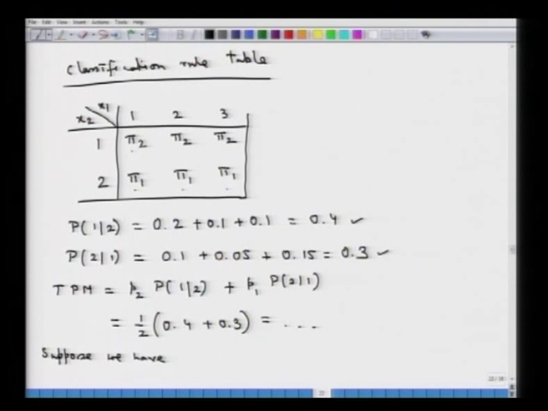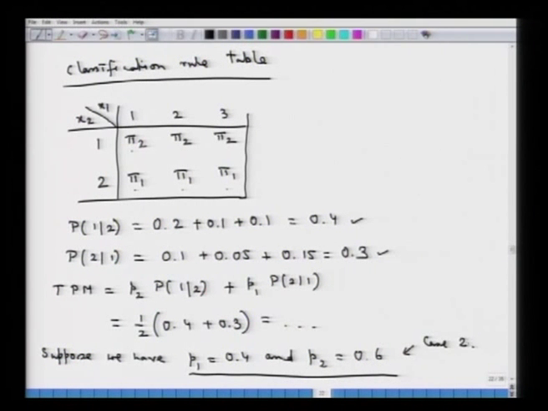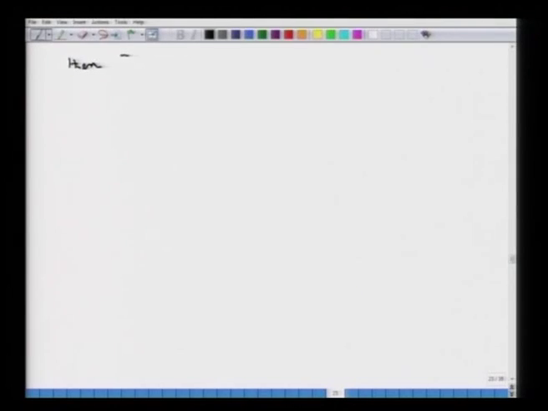The different a priori probabilities are now given by this, say P1 is 0.4 and P2 is equal to 0.6. So, these a priori probabilities, say, correspond to case 2. Now, if we have this particular case, then the TPM minimizing rule would be given by the following.